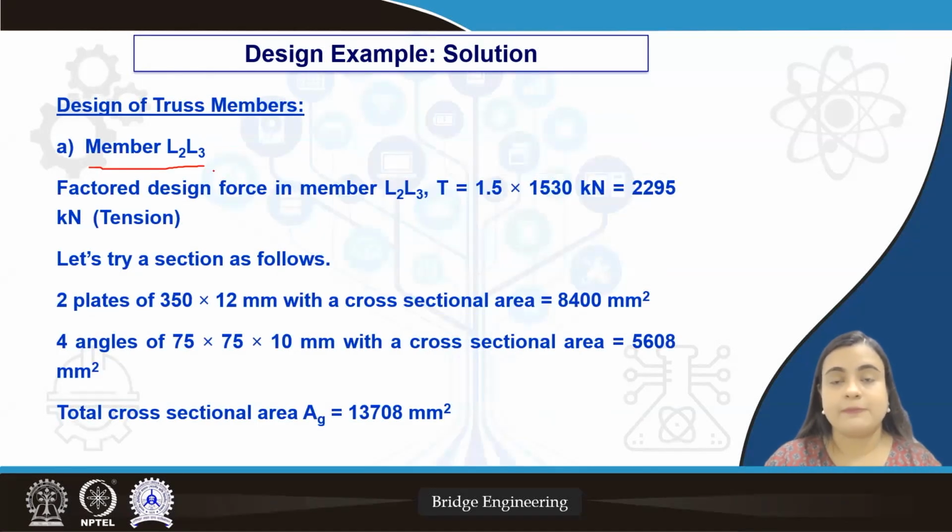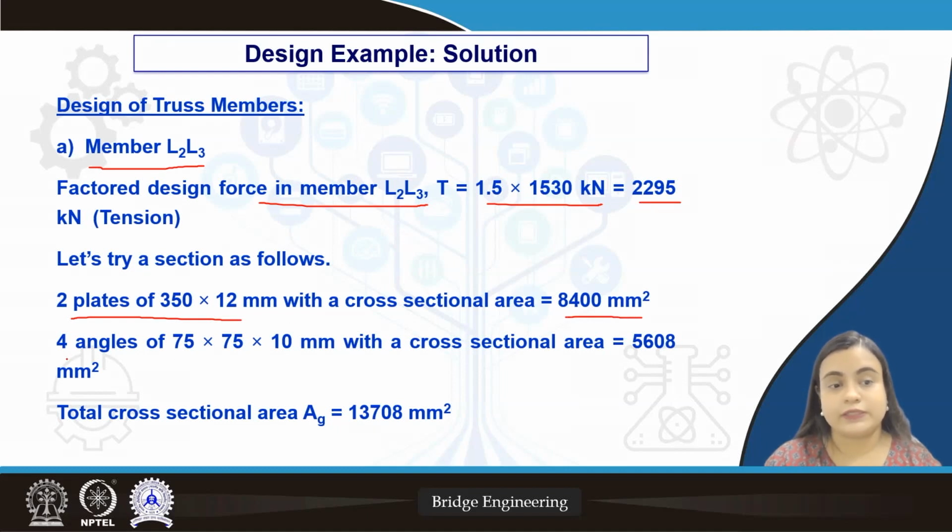Let's go for member L2, L3, the bottom chord member. The factored design force in the member L2, L3 of tensile nature will be 1.5 times 1530 kilonewton, that is equal to 2295 kilonewton. So let's try a section as follows. We can go for two plates of 350 mm width times 12 mm thickness, that is going to have a cross sectional area of 8400 mm square.